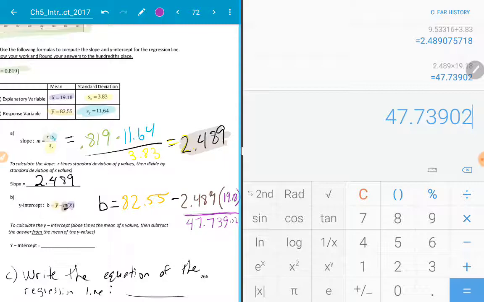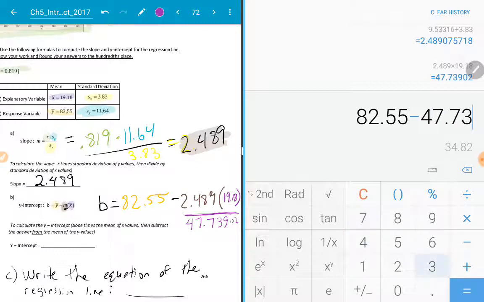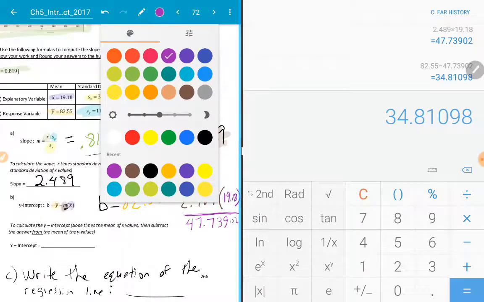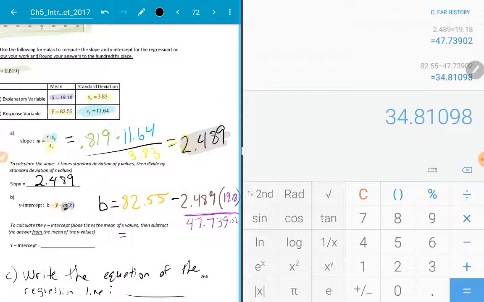And I'm going to subtract that from the 82.55. So clear this calculator and now do 82.55 minus the product that I got in the previous part. Okay, and then I get, for the y-intercept, 34.81098.